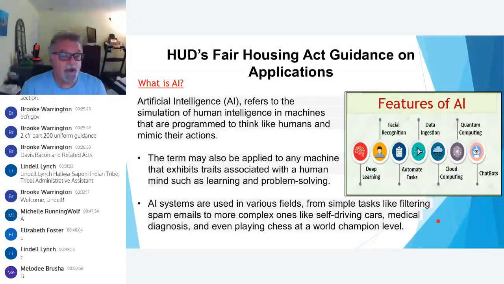The OMB, Office of Management and Budget, which is the parent of all the federal regulations for all the federal agencies, is telling the agencies to move from paper to electronic and to use AI where it is available and lends credibility to what they're doing.